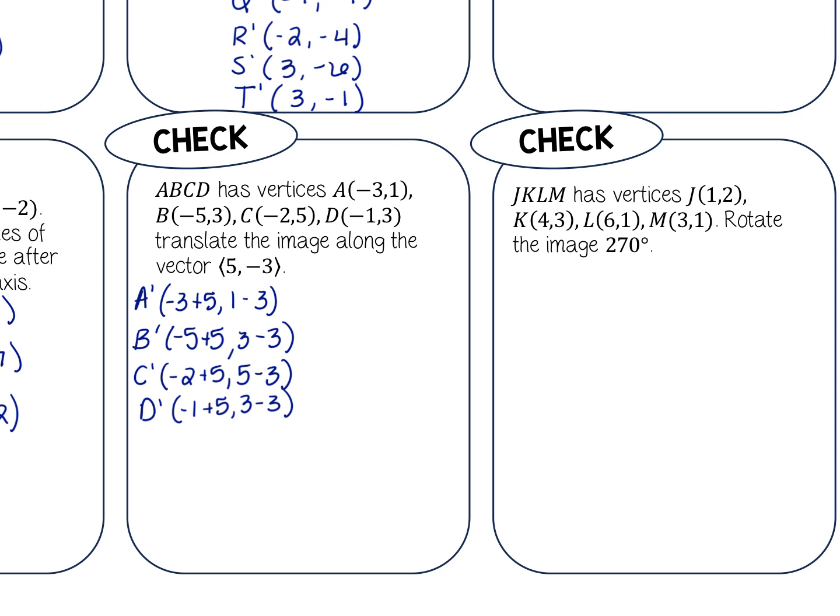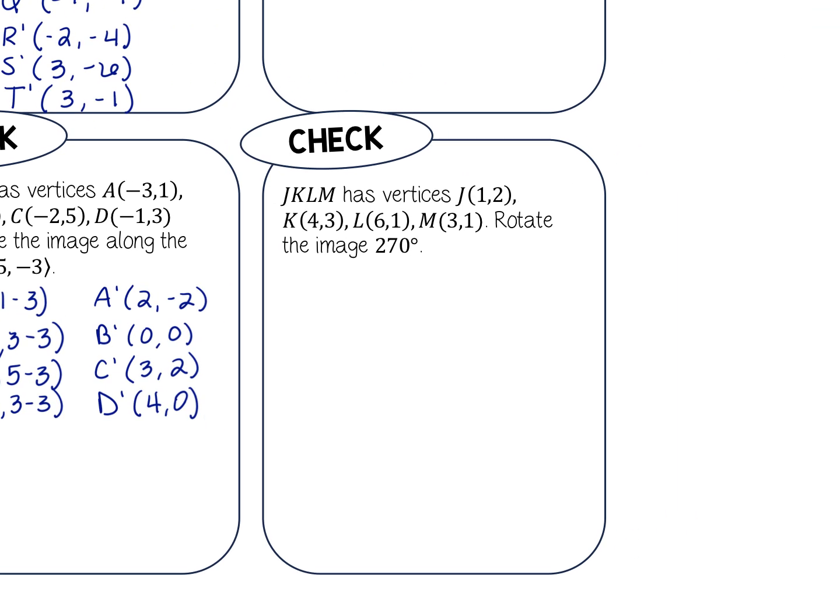So A prime is 2, -2. B prime is 0, 0. C prime is 3, 2. And D prime is 4, 0.